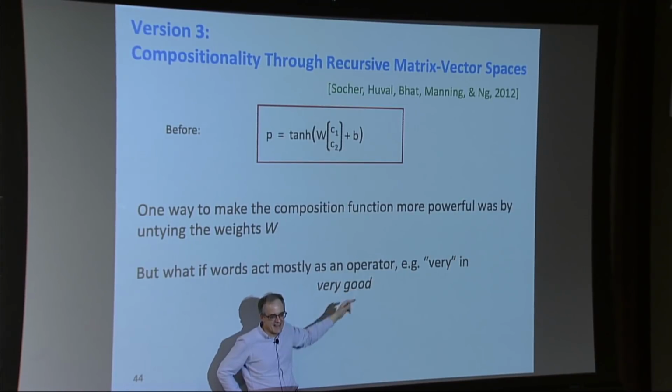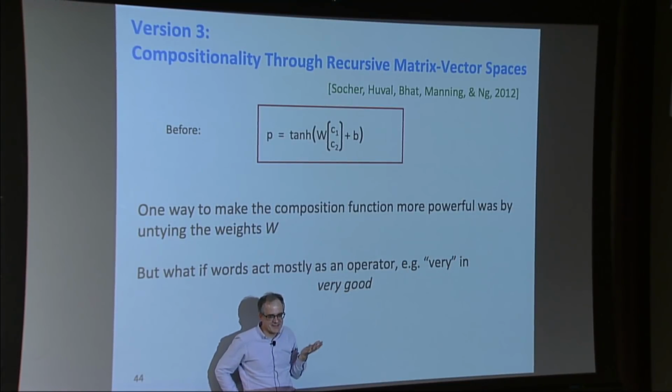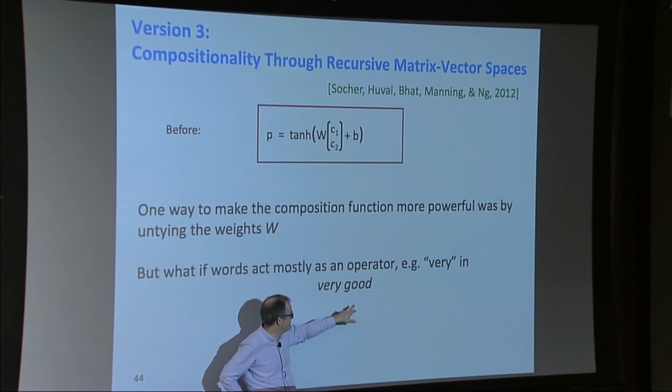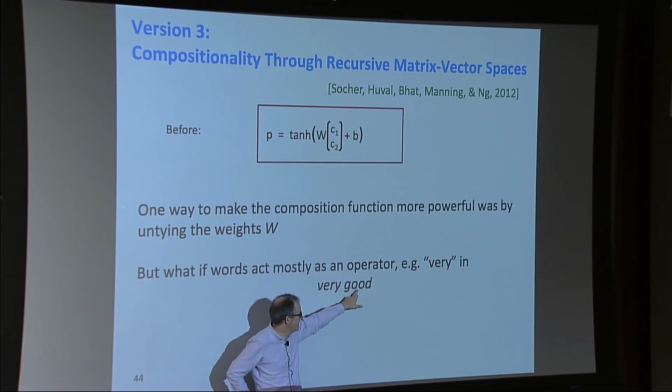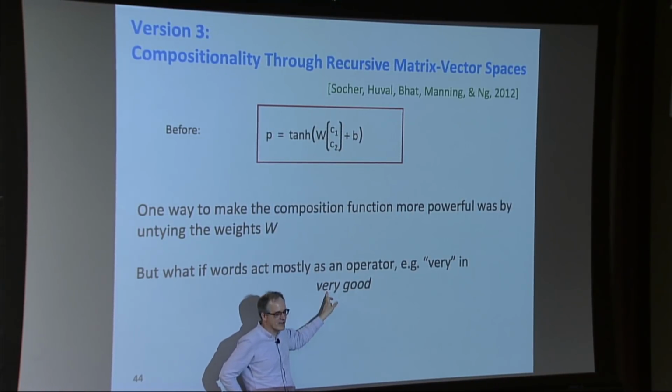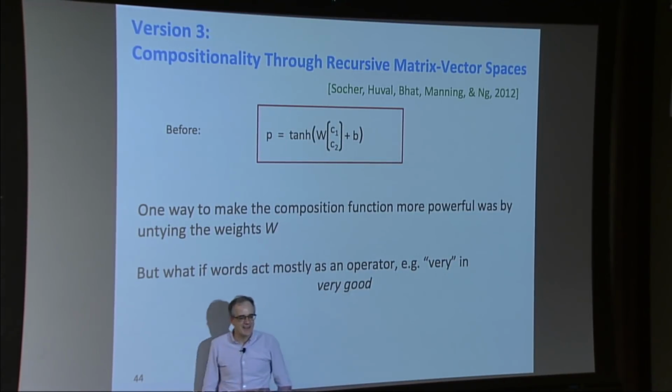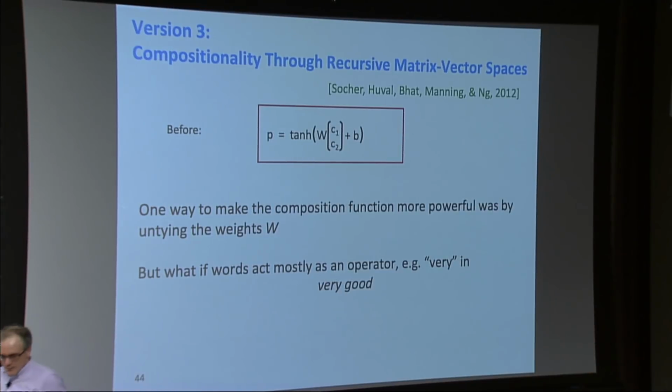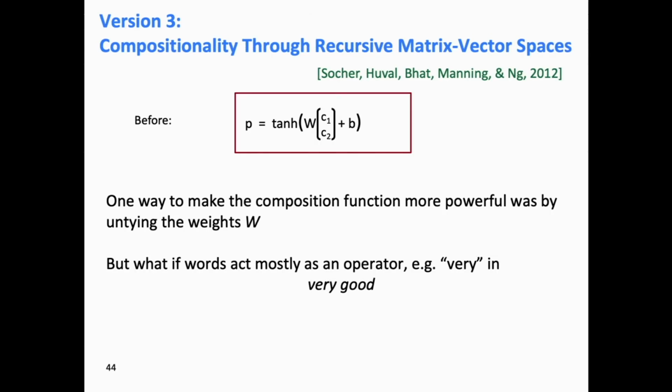And indeed, that's the kind of approach that's typically been taken in linguistic semantics. In linguistic theories of semantics, you'd normally say, okay, "good" has a meaning, and "very" is a function that takes in the meaning of "good" and returns the meaning of "very good". And so we wanted to have a way of putting that into a neural network, and to come up with a new composition function for how to do that.